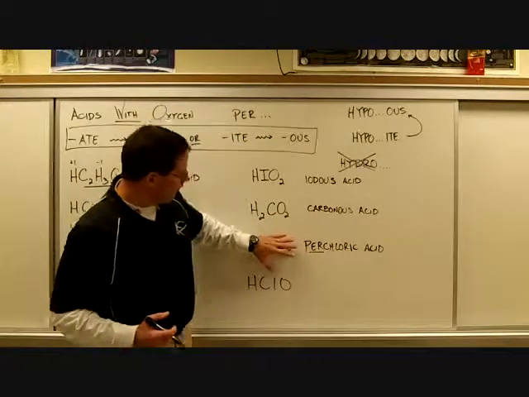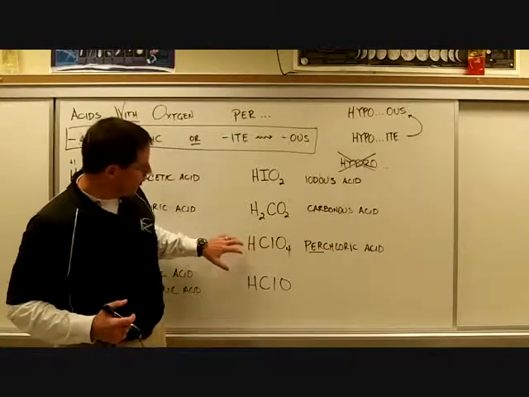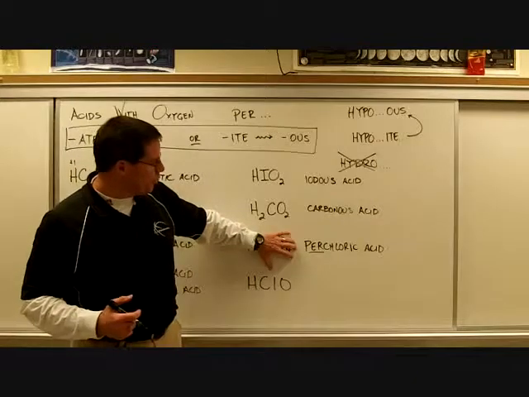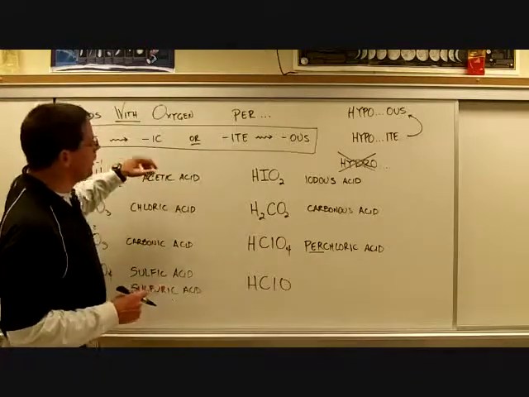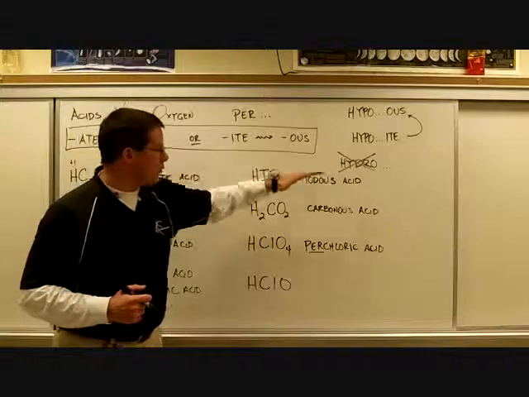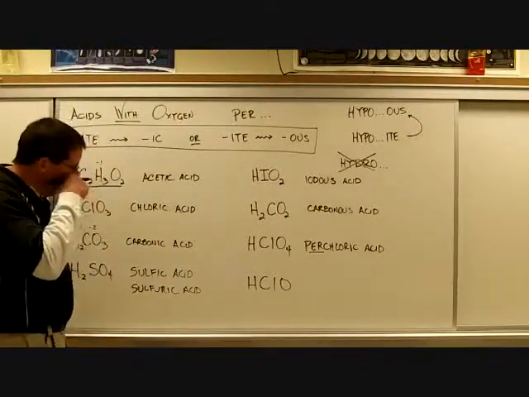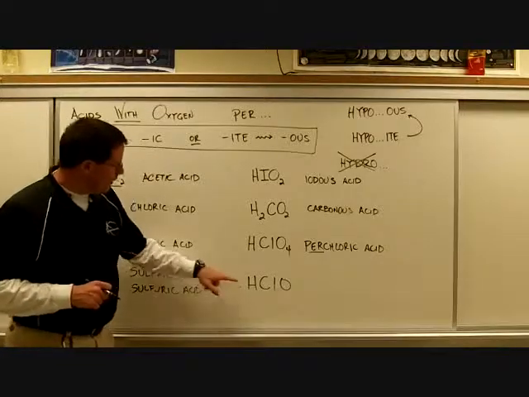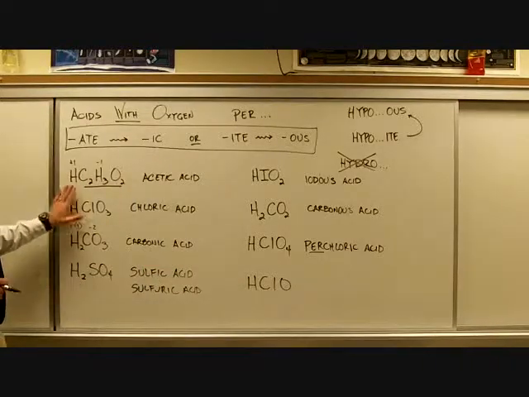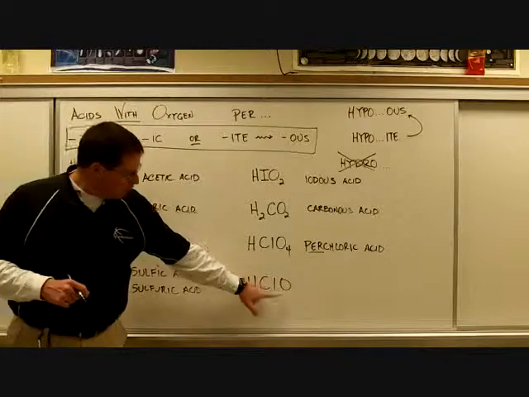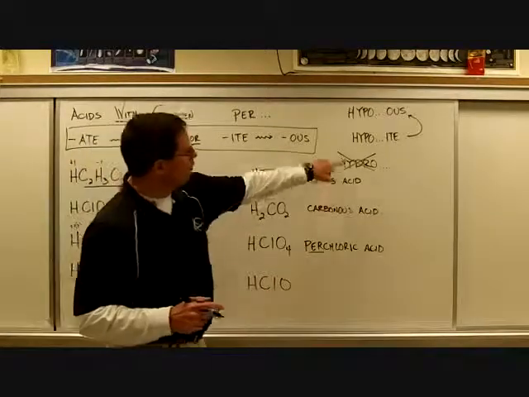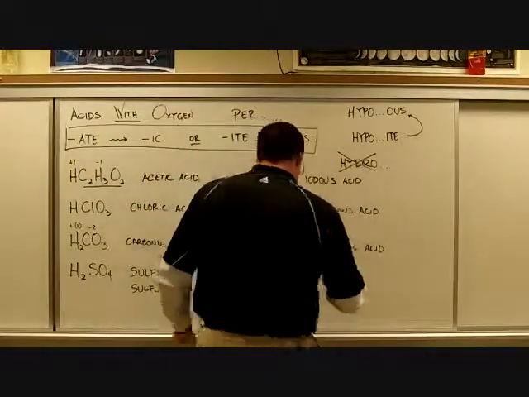So the per, if you're given the name and you're asked to write the formula, make sure you pick up on these keys: the per, the hypo, the hydro, the ic, the us. All right, then this last one here, since this is chlorate, ClO3, how many oxygens do I have removed here? I have 2. So we're actually looking at a hypochlorite.